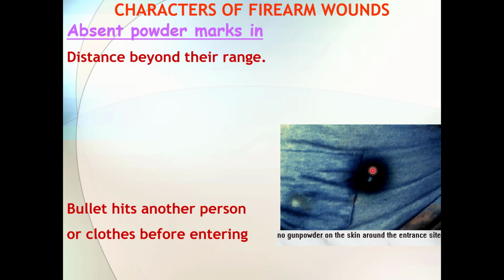So the examination of clothes is very important. Absence of powder marks occurs in far firing, if the bullet hits another person, if the bullet hits another surface and becomes ricocheting, or if it hits clothes before entering the skin.